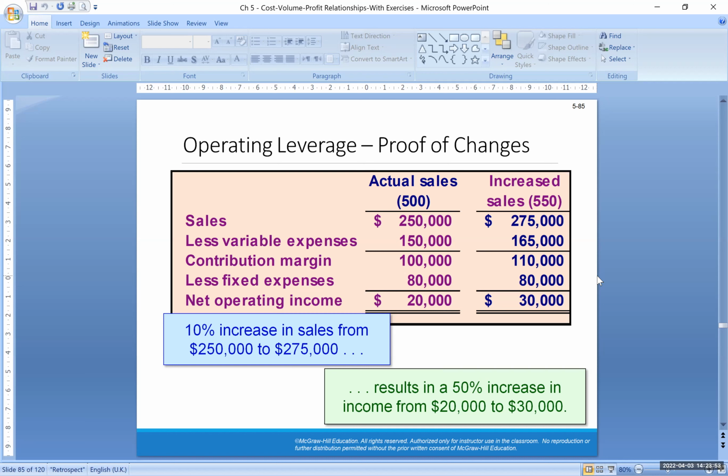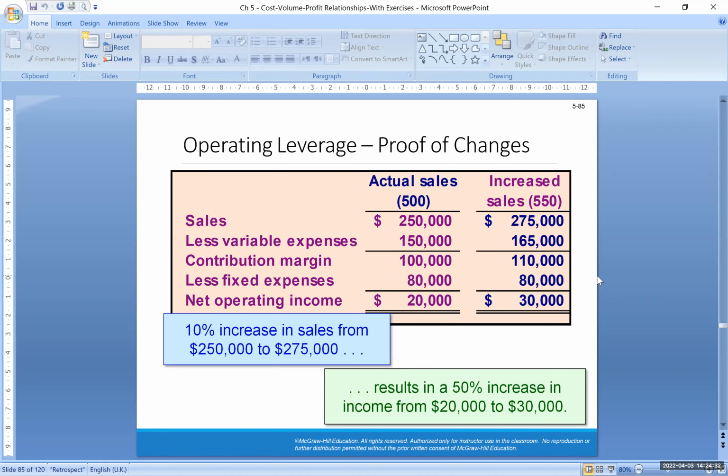550 bikes multiplied by the price, which is $500, equals total sales of $275,000. Again, the 550 units multiplied by the price, which is $500, equals $275,000, the sales for a level of 550 units sold.